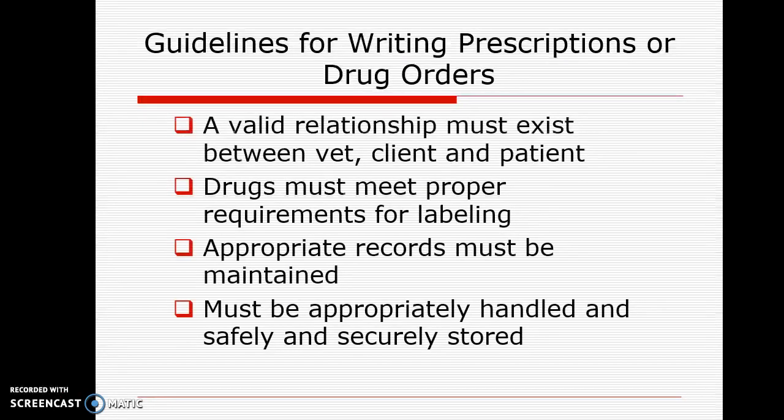So, guidelines for writing the prescriptions or the drug orders. There needs to be a relationship between the veterinarian, the client, and the patient. And what can happen is an animal is seen, you do a fecal sample, you look at the fecal sample, there are some parasites, the veterinarian prescribes a parasiticide for that particular animal, and you are dispensing it to the client, and they look at you and say, oh, could my other dogs have this too?